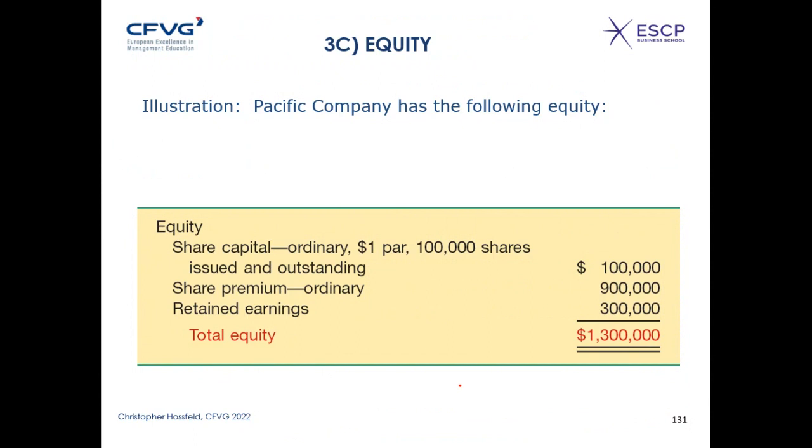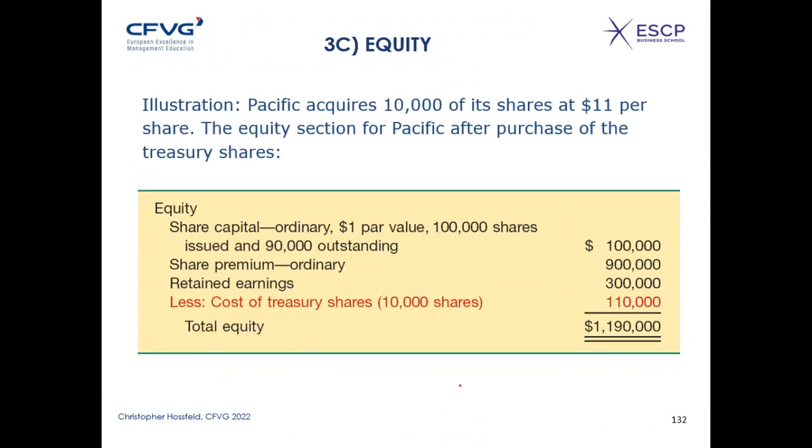So total equity 1.3 million. And now the company buys back 10,000 of its own shares for $11, which is the current market price. Obviously, you buy them back on the market. And that means you need to pay the market price for that.